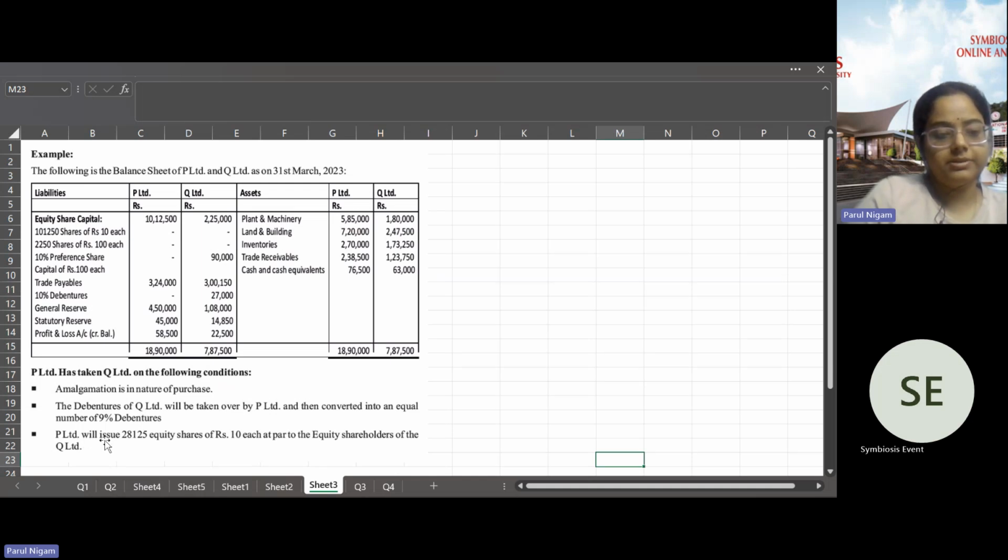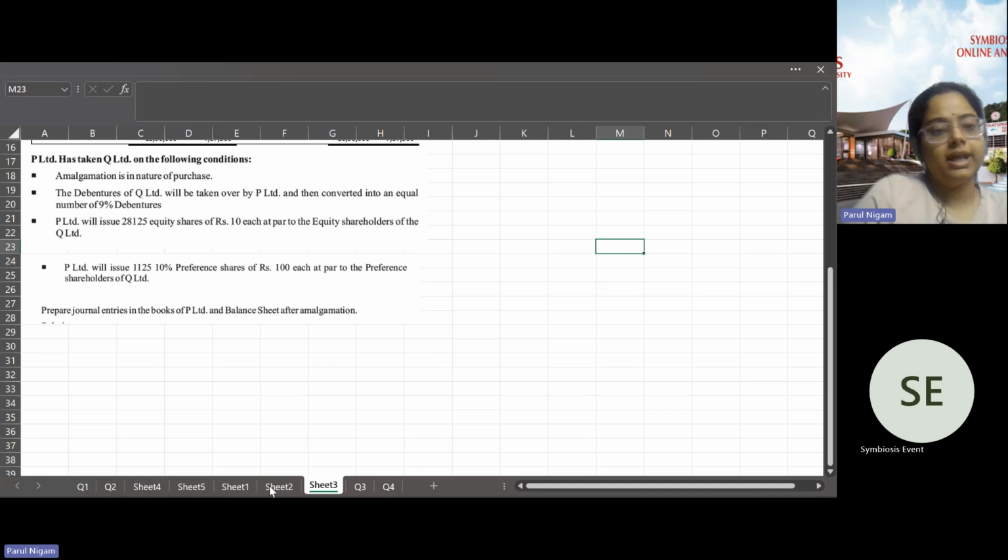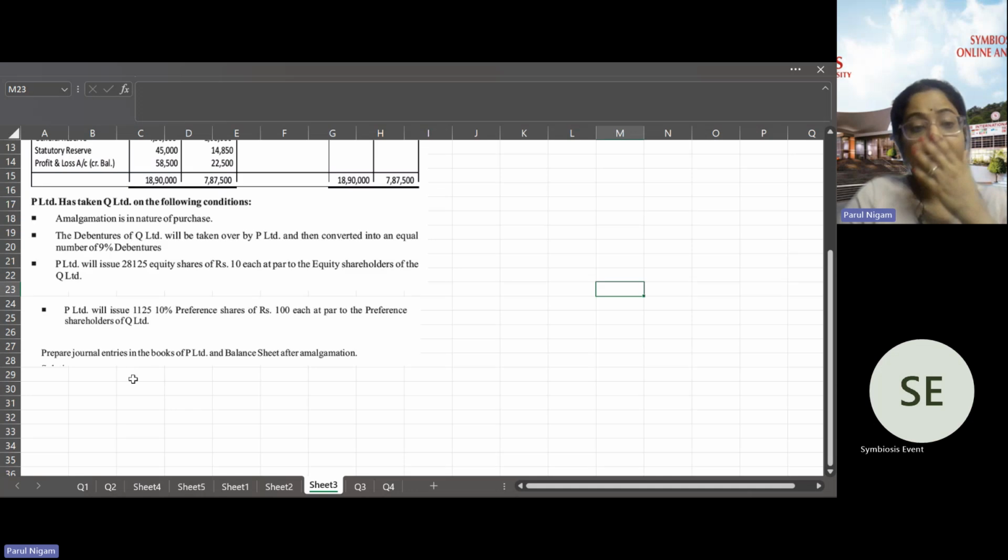Then P Limited will issue 28,125 equity shares of rupees 10 each at par to the equity shareholders of Q Limited, and will also issue 1,125 preference shares at par to the preference shareholders of Q Limited. We have to prepare journal entries and record the amalgamation in the books.